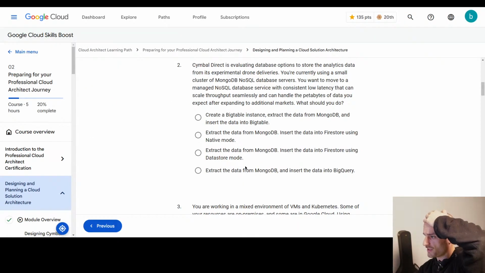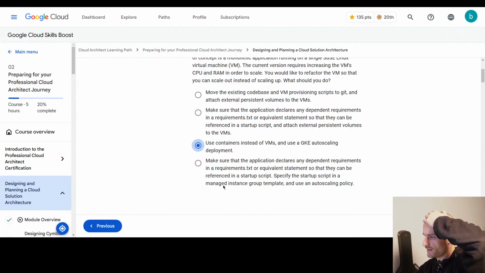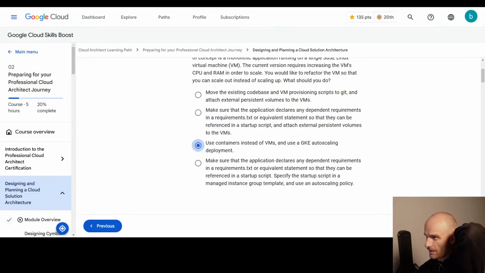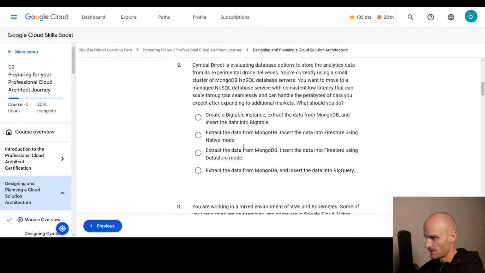The other option here, the managed instance group template, is also managed, but it's not containerized if I'm not wrong. Highly scalable environment. Okay, so yeah, I'm convinced about this one.